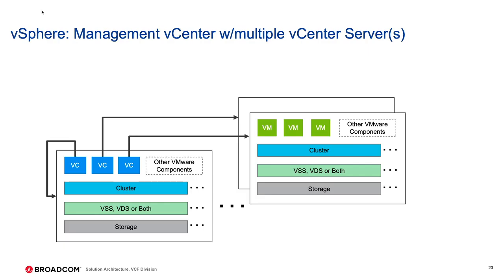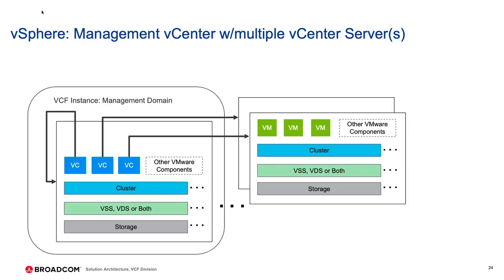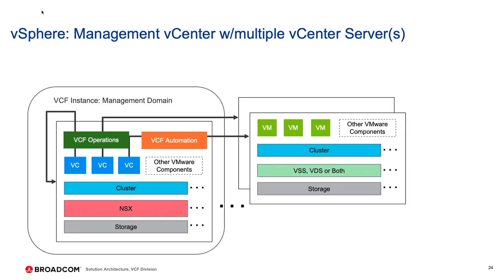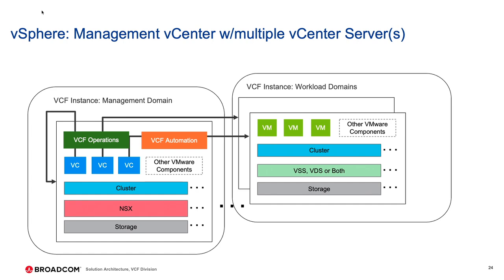So the progression is similar here as well. The very first thing that happens is you pick the vCenter that you want to create your management domain, and as you do that, you get NSX, VCF operations, and VCF automation. After that, you start transitioning the rest of your vCenters as workload domains into this.